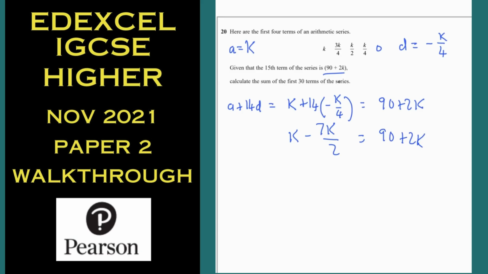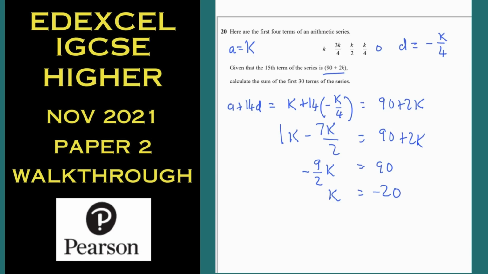Look what we can do. We can do 1 minus 7/2 minus the 2. So we end up simplifying the k to be -9 halves or -9/2. And to work out k, start with your 90 and divide by -9/2. We get k is -20. We can now move on.